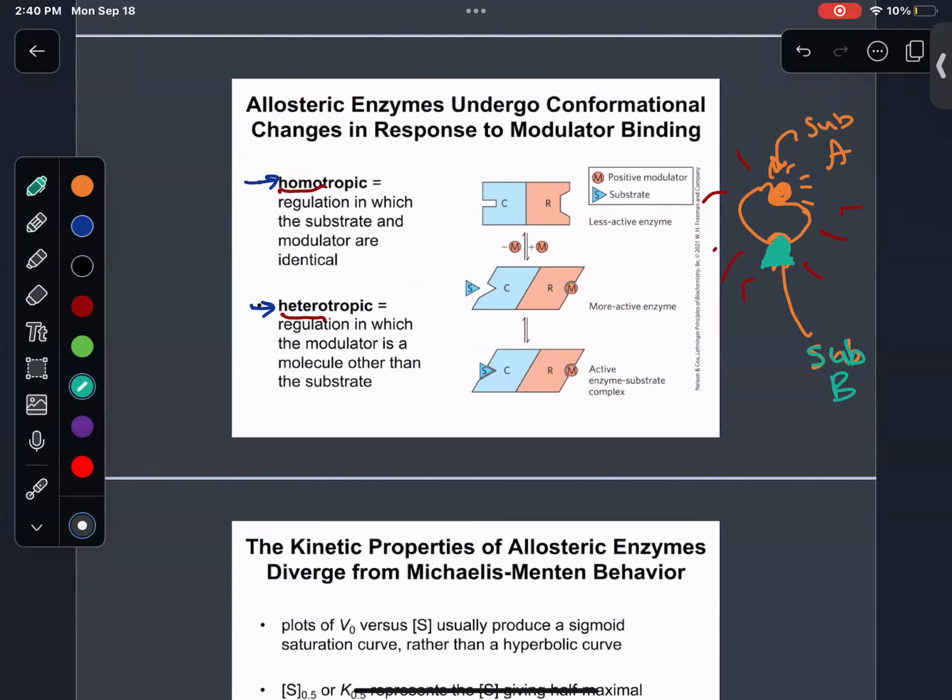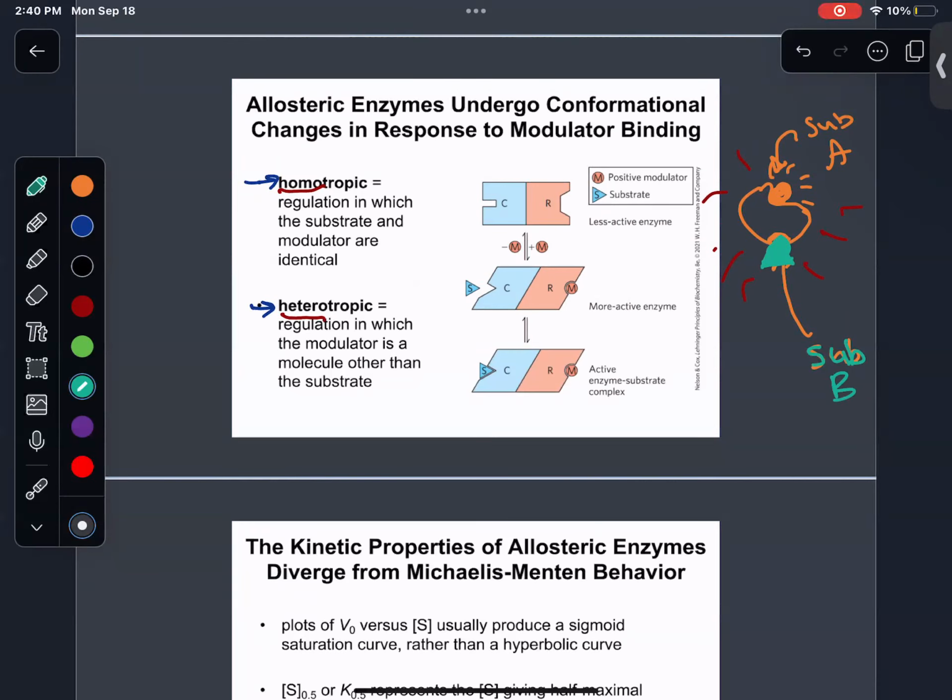And while they are similar, there's different nomenclature. We have K0.5 as opposed to Km.